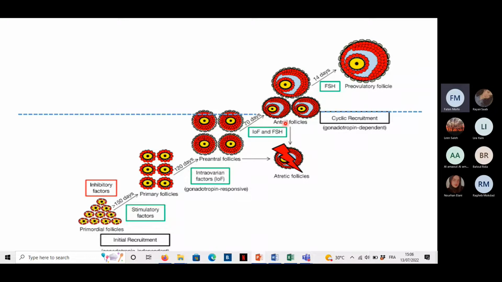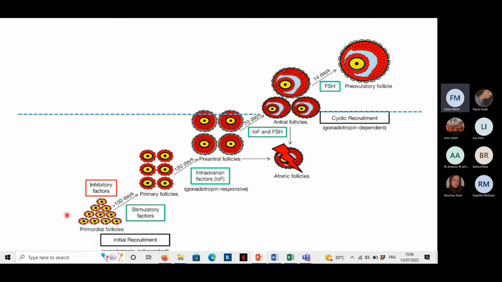However, the stages before the antral stage, the stages from the primordial to the pre-antral follicles, are not dependent on the menstrual cycle. So they are not cyclic. We don't have at each menstrual cycle a recruitment of primordial, primary and pre-antral follicles. In fact, this occurs independently of the menstrual cycles.